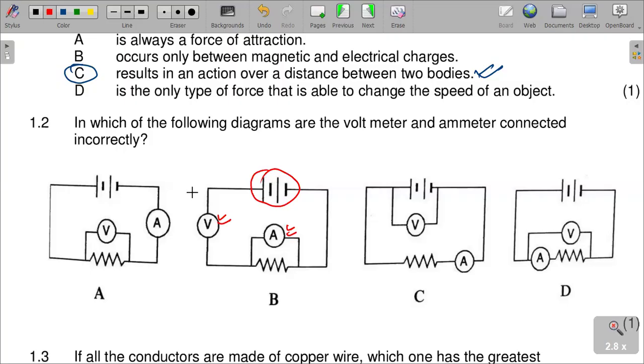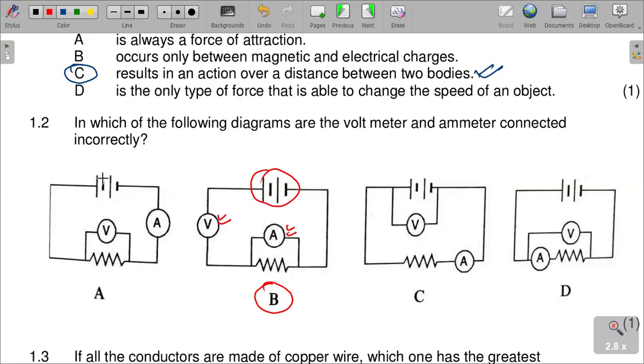As you can see, there should always be an ammeter that reads the current and also the voltmeter, the torch cells. So in this diagram, our answer is B. B represents the incorrect connection.